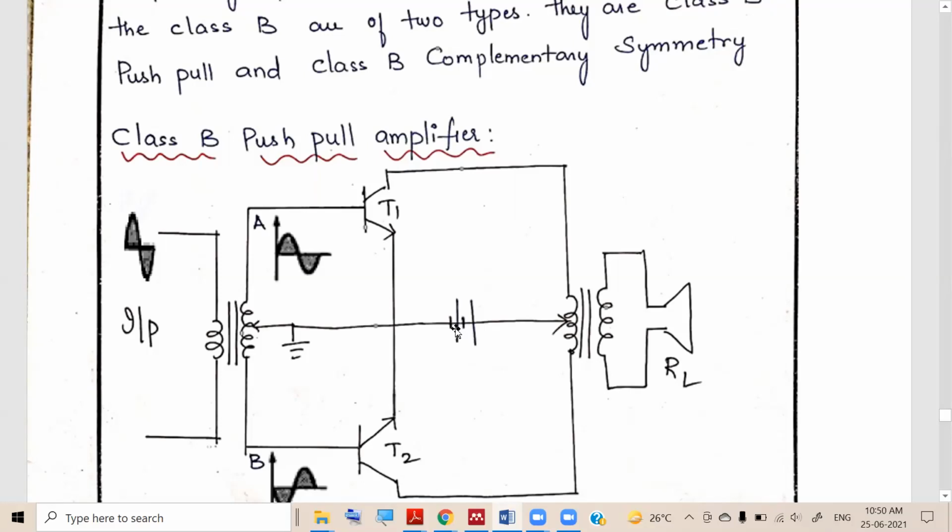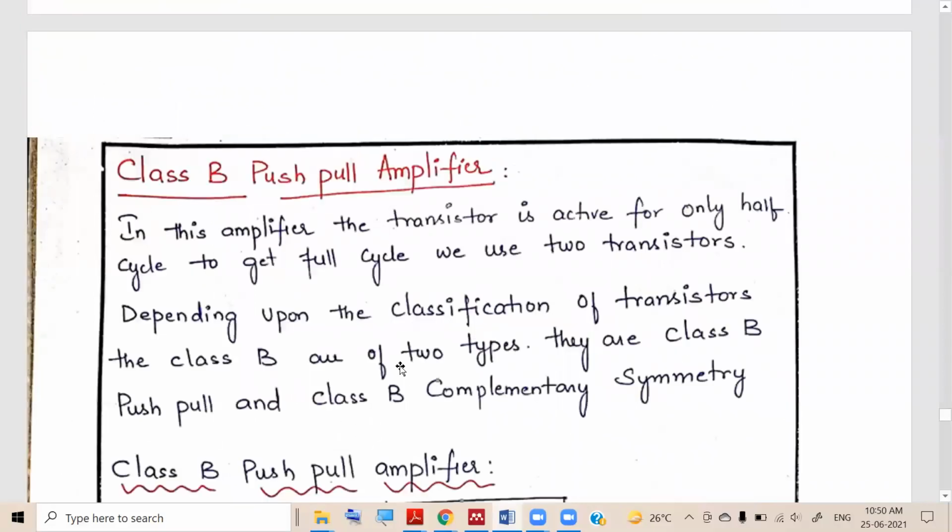What we have? We have VCC, then we have transformer, then we have collector, then we have emitter grounded. So remember this sequence: VCC, transformer primary, collector, emitter, right?